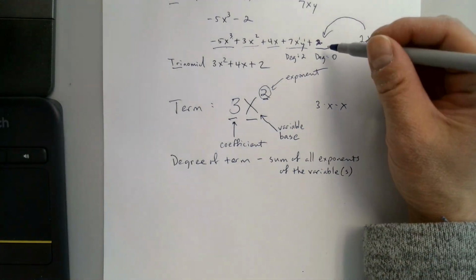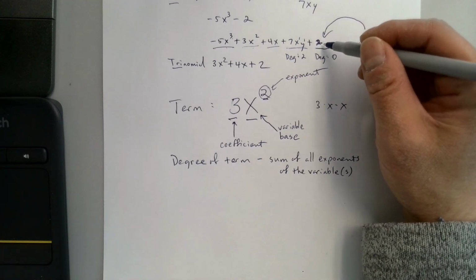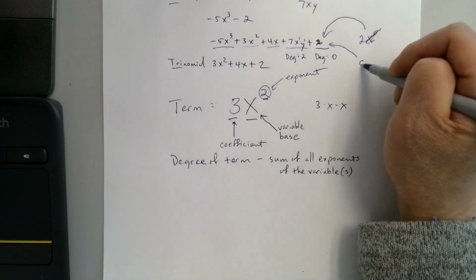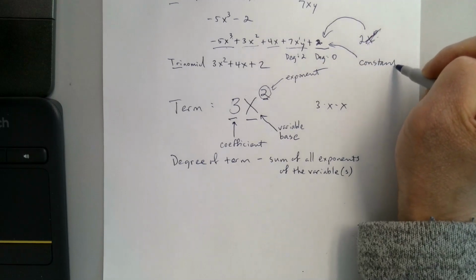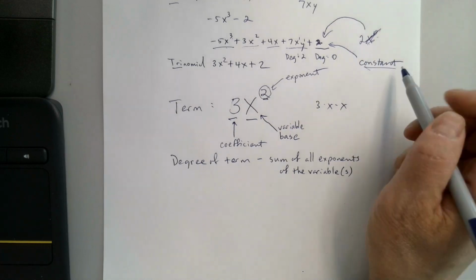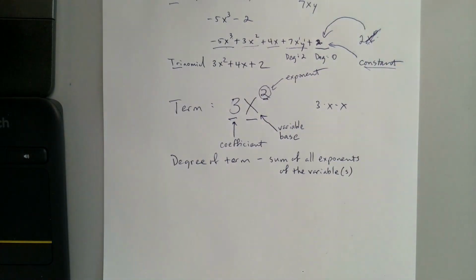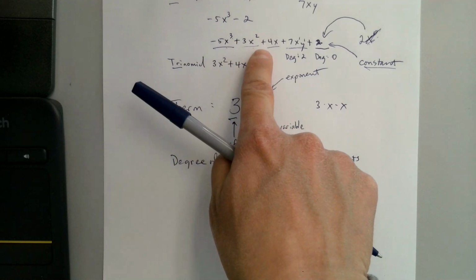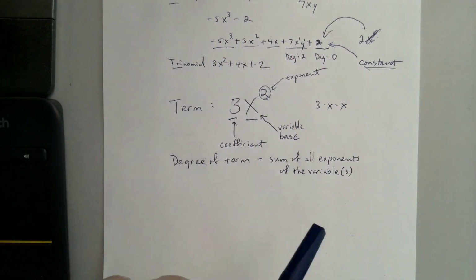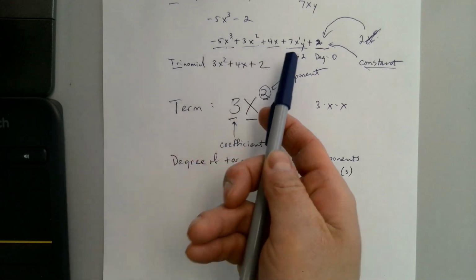And for any term where there is no variable, when it's just a number, we call that type of term a constant. A term without variables is called a constant because it stays the same. Terms with variables are variable, meaning they change depending on what the variable is.